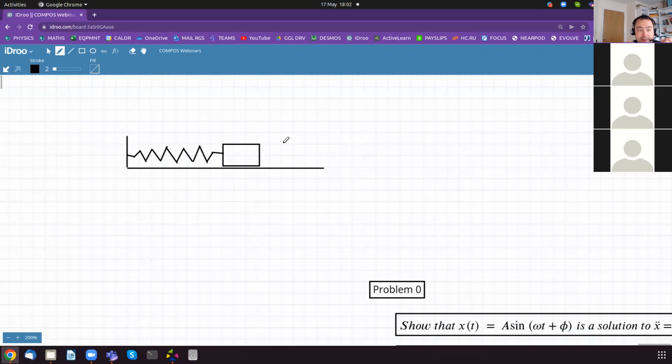When the mass is to the right of the equilibrium position, the spring will attempt to return it back to the equilibrium position. And when the mass is to the left of the equilibrium position, the spring will push it back to the equilibrium position.